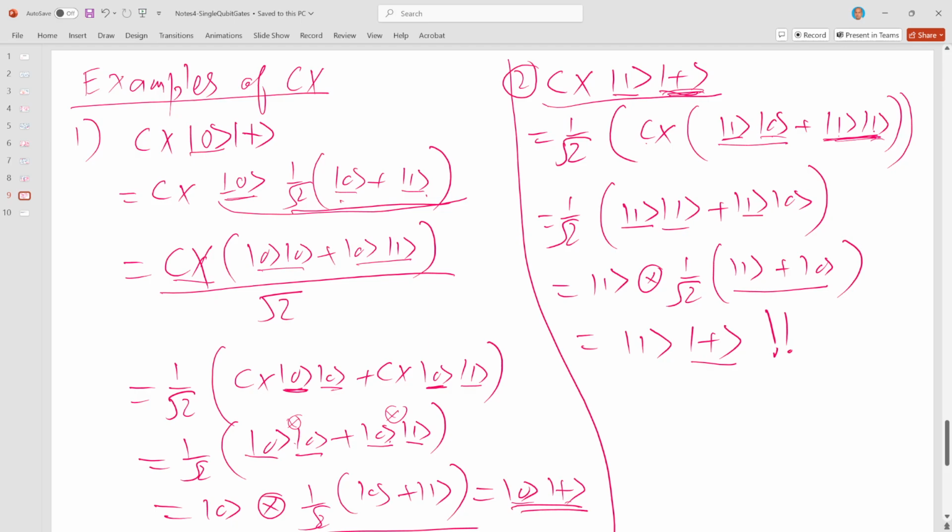So let's take yet another example. Let's say that I have a control X applying to the 1 minus state. So this is 1, and this minus state is 0 minus 1 over square root 2.